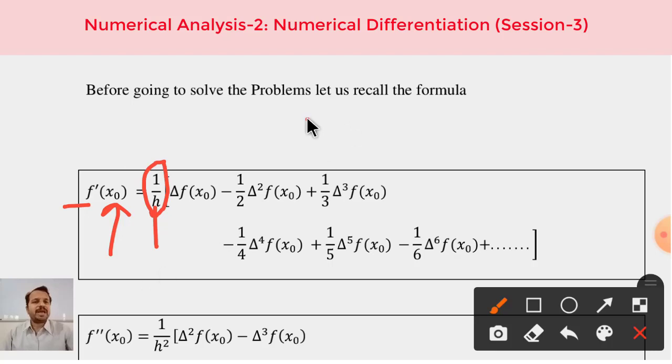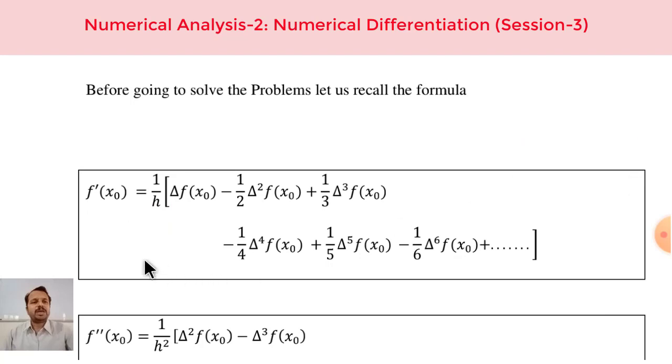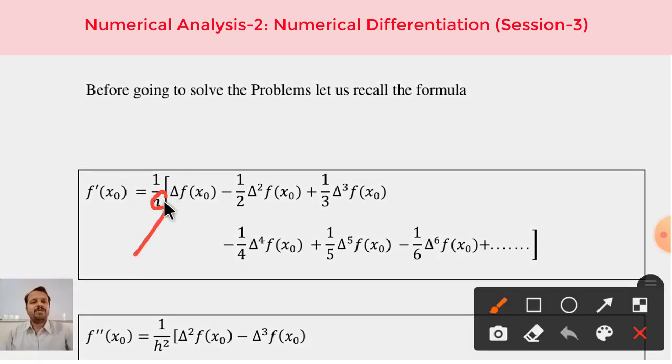How to find h? h is the difference between two consecutive values of x, for example, x1 minus x0, or x2 minus x1, and so on. That is the step size and the notation is h. So we will be using that over here, and in the bracket we are having these terms.